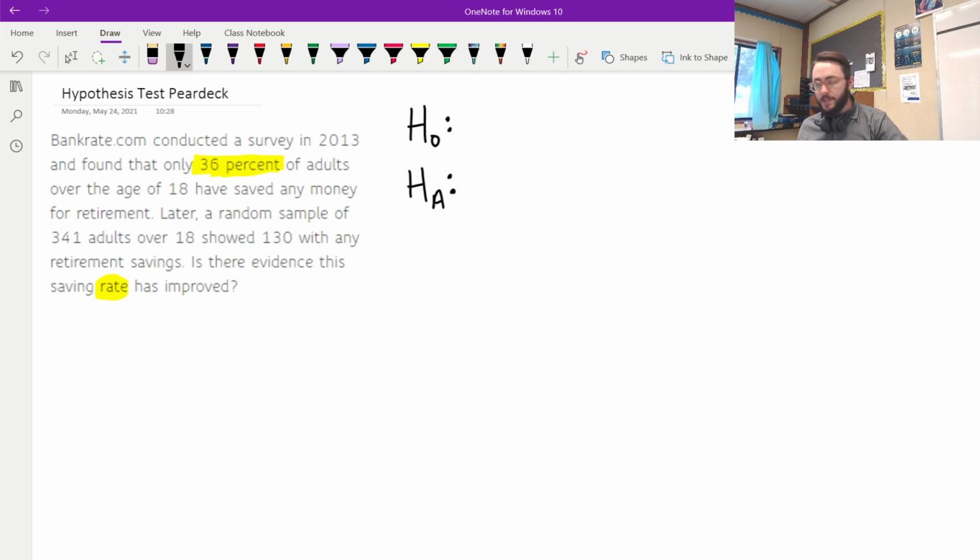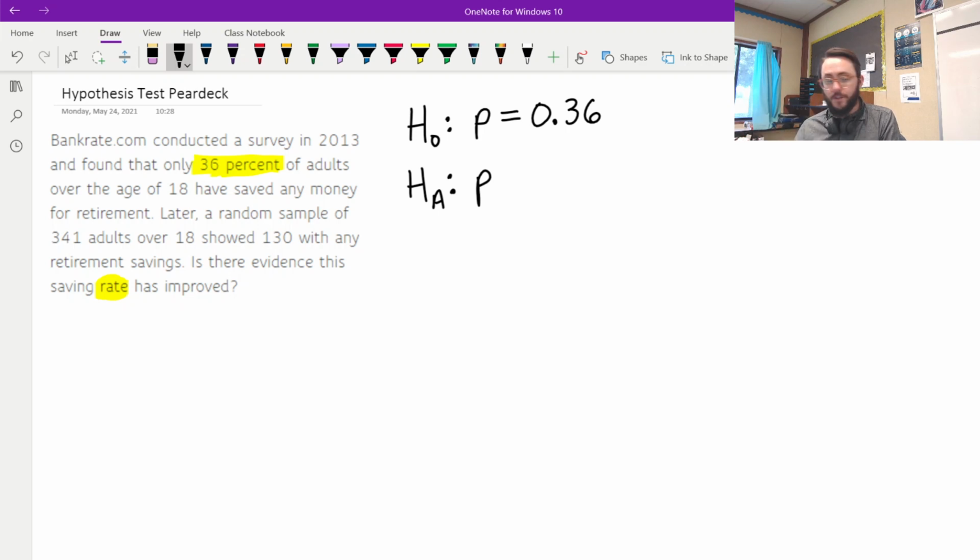So it's a percent, which means it's going to be a proportion. So p. And our null hypothesis is always that p is equal to some value. Now, in this particular case, it's the value that was found previously. We're taking that as the population, the actual true percentage of adults who have saved money for retirement.